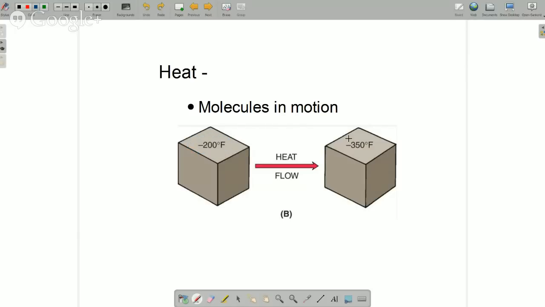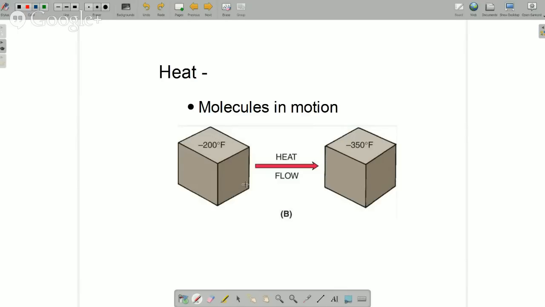And remember that if we look at these temperatures right here, they are cold as far as we're concerned. At minus 200 and minus 350 degrees Fahrenheit, that's cold to us, but it still contains heat and it still has molecules in motion.